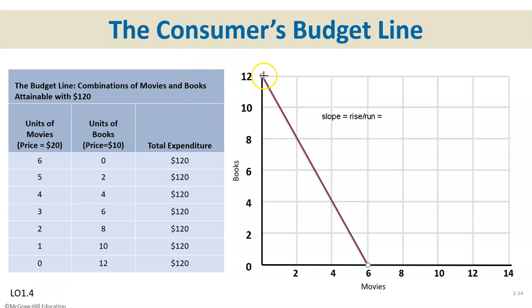So if we start at this point right here, we're trying to travel to our other endpoint. Our rise will be the distance from here to here, which happens to be our endpoint, just 12 books. So our rise is 12 books.